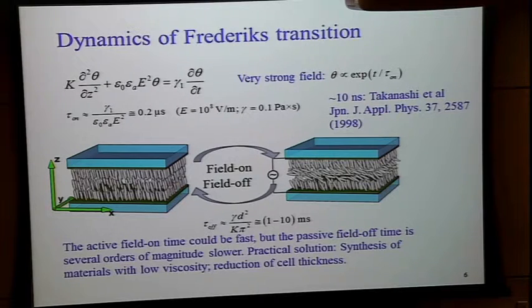So what are the simplifications here? It's kind of a one-dimensional problem. Theta depends only on one coordinate, and theta is assumed to be small. Then we can write this left-hand side and right-hand side. The physics will be preserved. For example, you can ask yourself, how long would it take for me to realign the director along the electric field? And the answer would obviously depend on how big is your electric field.